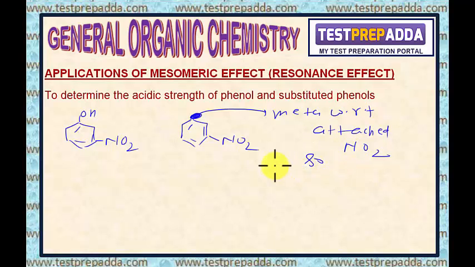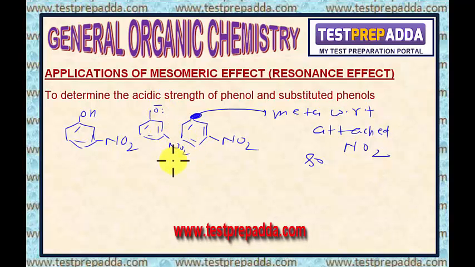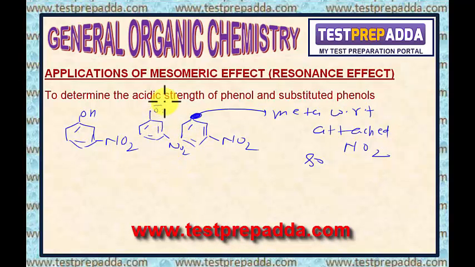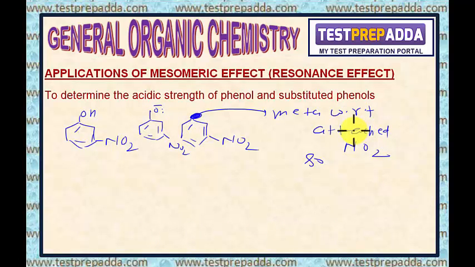So NO2 will not decrease the electron density at this position. If I write the phenoxide ion, then NO2 will not be able to change the electron density of this oxygen because this is at meta position. And this I am telling with respect to mesomeric effect, resonance. My point is clear. So, no effect of resonance.